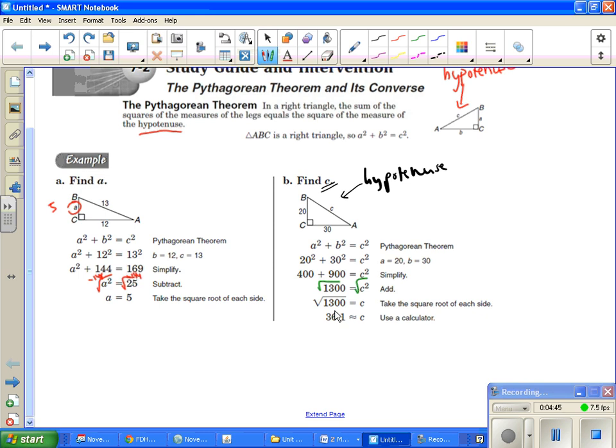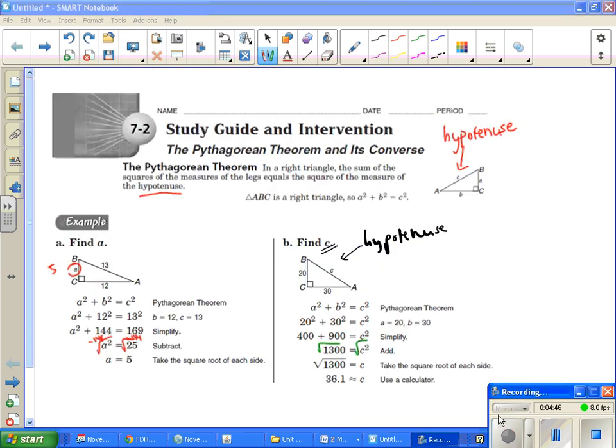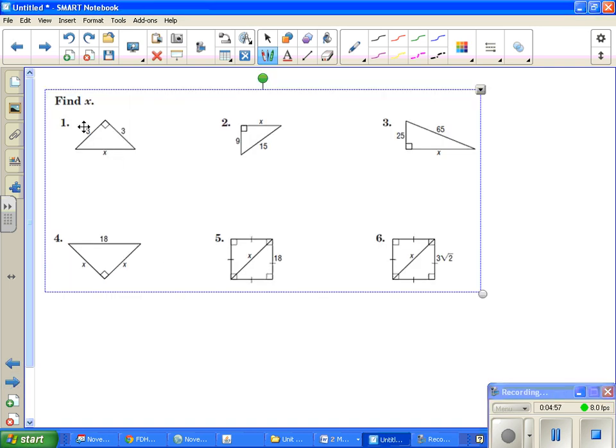All right. With that being said, you guys are fully prepared to take on the rest of this sheet. If you look at what you have to do, the first thing to figure out is, which side am I looking for? Are you looking for C or are you looking for A or B?